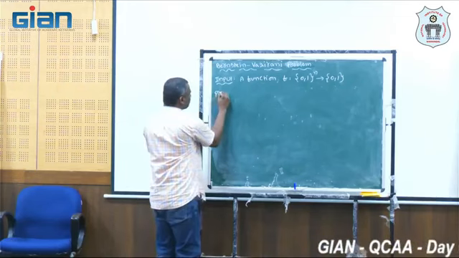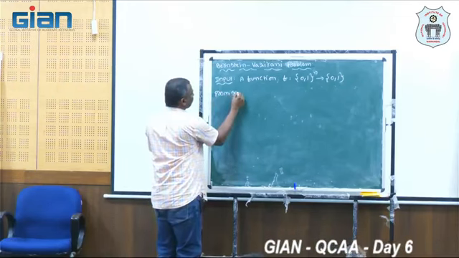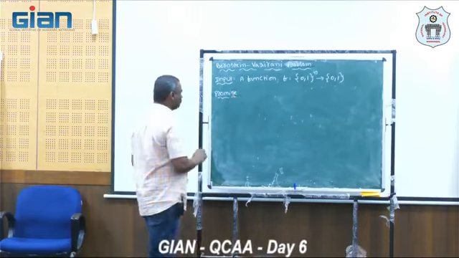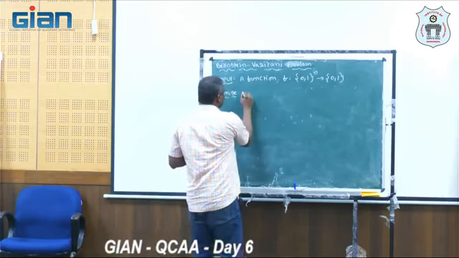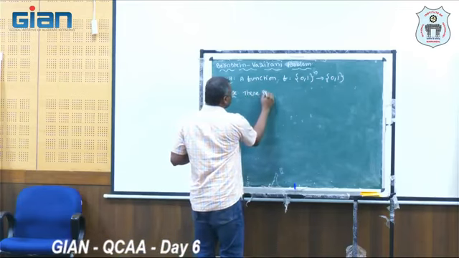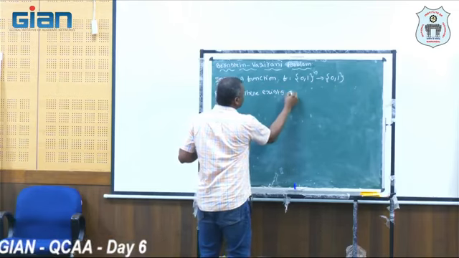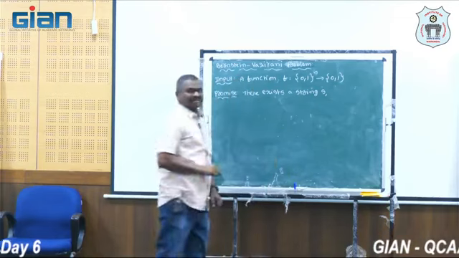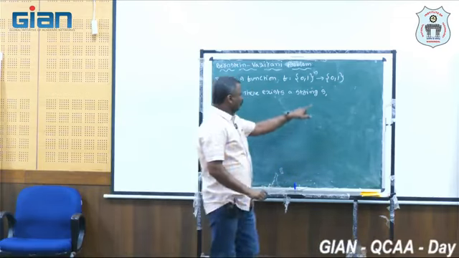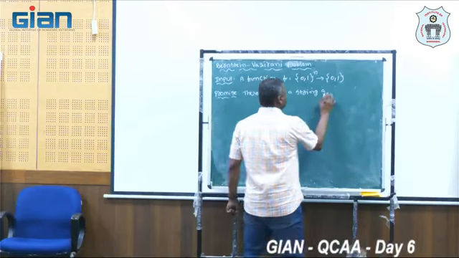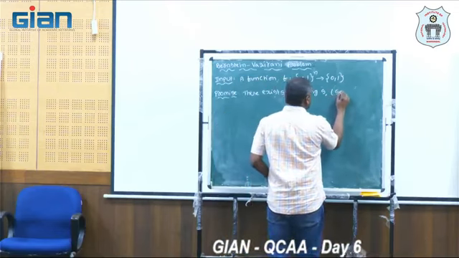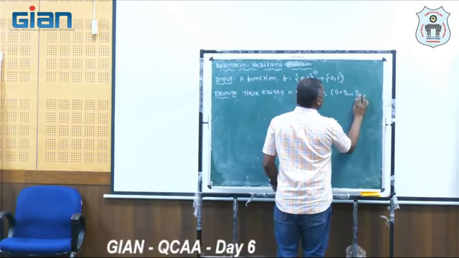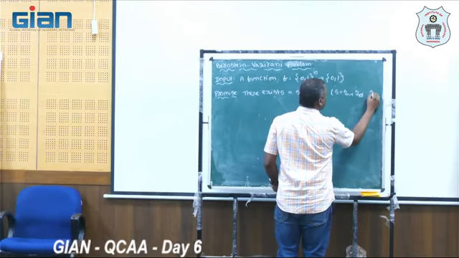What is the promise? In this case, the promise is there exists a string s equal to s_{n-1}, s_{n-2}, and so on, s_1, s_0.